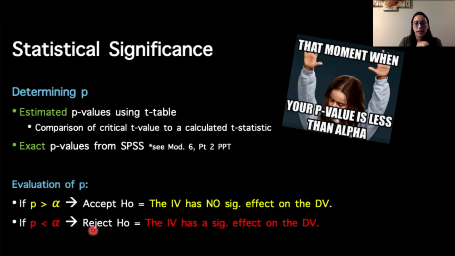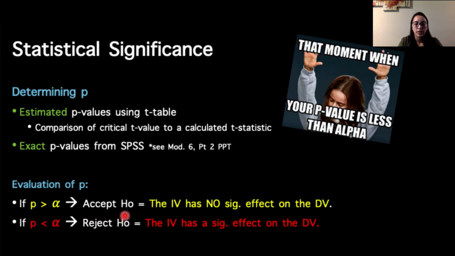As far as the evaluation of p, it's fairly similar to what we've been doing for this semester so far. So if p for our main effect, or for our t-test, is greater than alpha, which in our case is usually going to be 0.05, right?